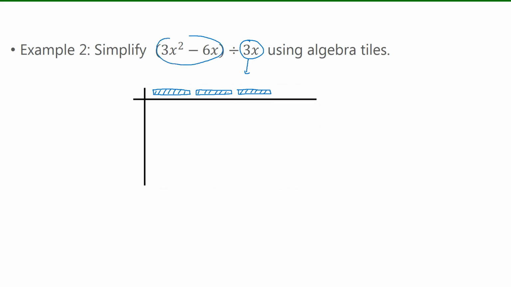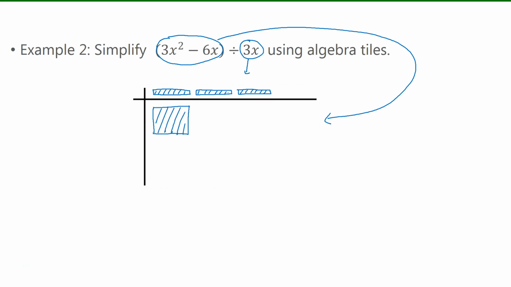Now I have to take 3 x squared tiles and 6 negative x tiles and place them here so that they form a rectangle. But I also need to keep in mind the 3 positive x tiles across the top as well. So all the dimensions need to match up. So an x squared tile can fit here. You can put an x squared tile next to that as well. And one more. So there's the 3 x squared tiles we need.